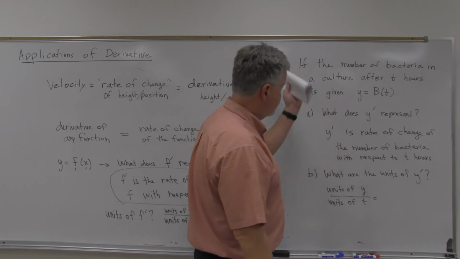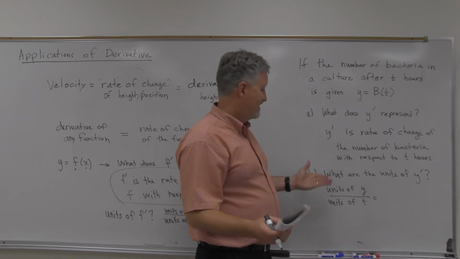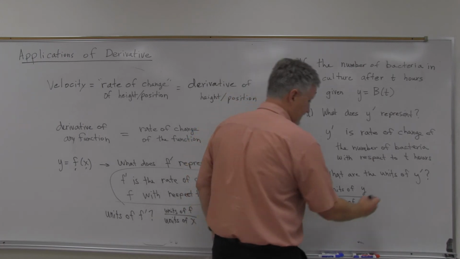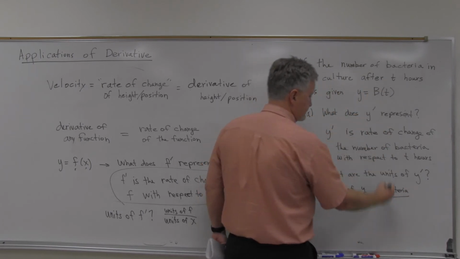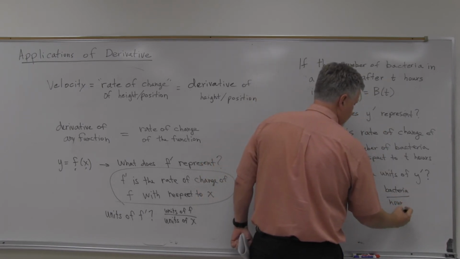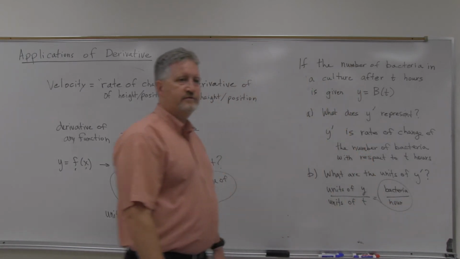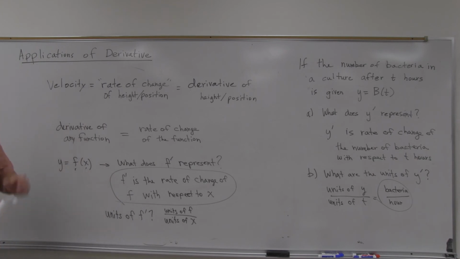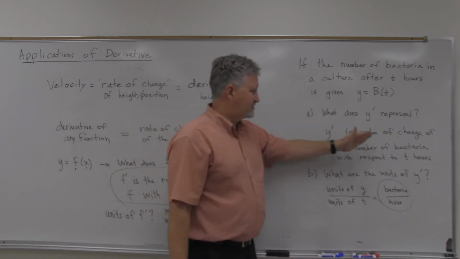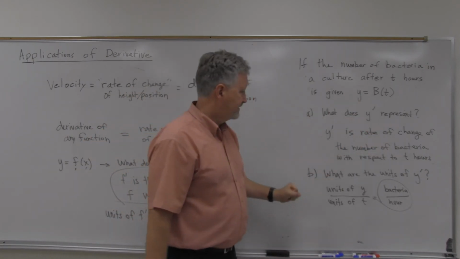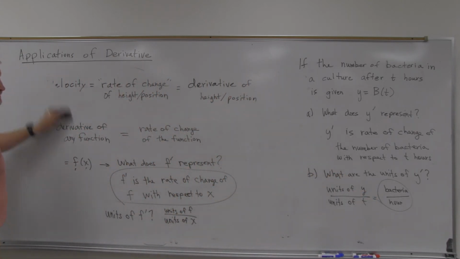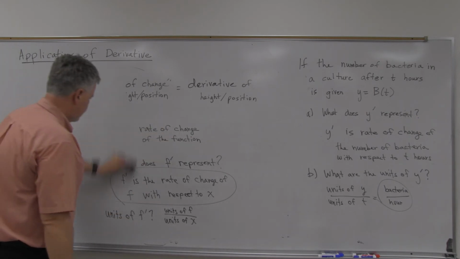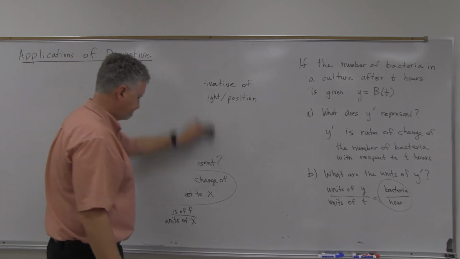So y is the number of bacteria, and t is hours, so bacteria per hour would be the units. Sort of makes sense? It's always, what does the derivative represent? It's the rate of change of whatever the function is. And then the units is always the way it sets up. So they'll ask several questions like that.